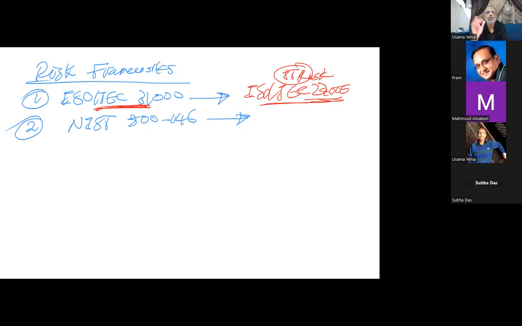It can be in the financial department, in supply chain, in services, whatever, any risk. When you are speaking about risk in general for all the organization, it's called enterprise risk management, which is 31000. If you are speaking about IT risk management, then it will be 27005 and NIST 800-146.